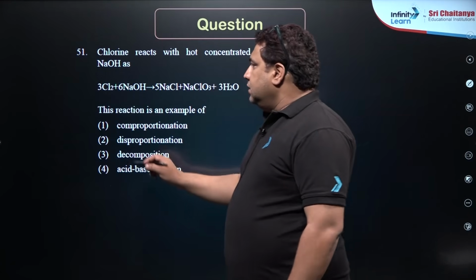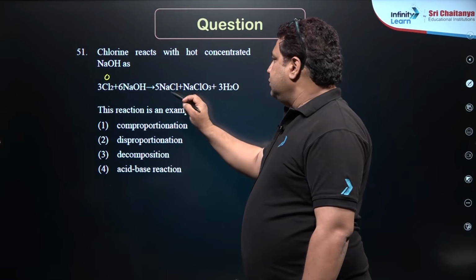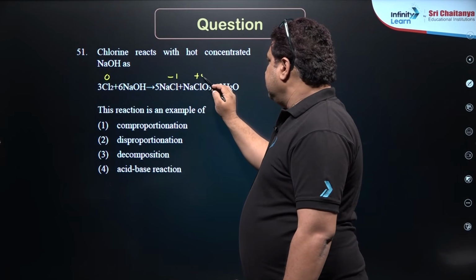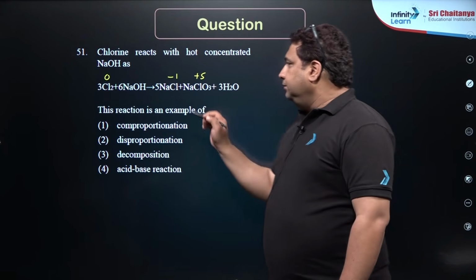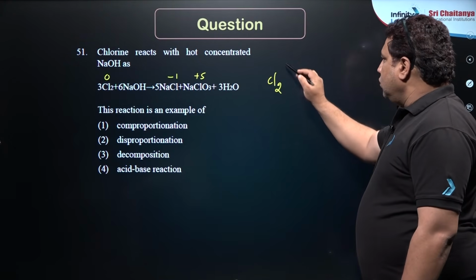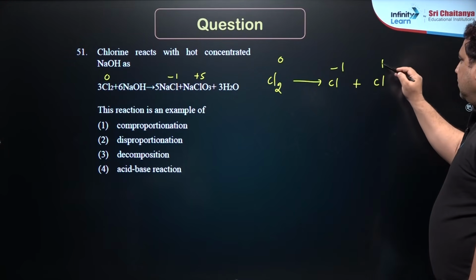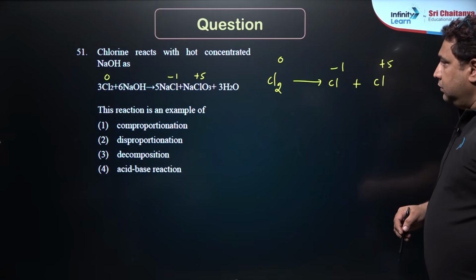Here you can see the oxidation state of chlorine is 0, right? Here the oxidation state of chlorine is -1. Here the oxidation state of chlorine is +5. So everybody can see chlorine from 0 is becoming chlorine -1 and chlorine +5, correct?